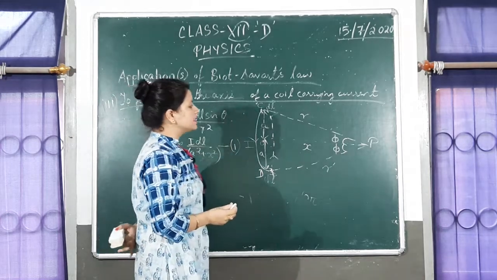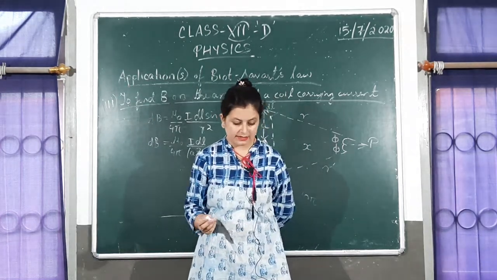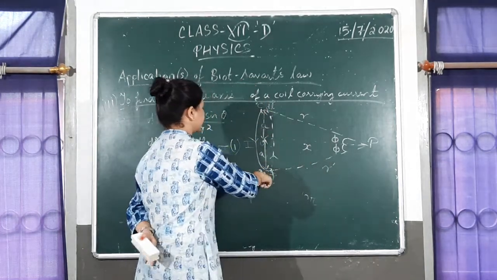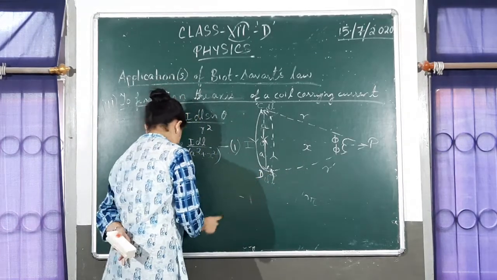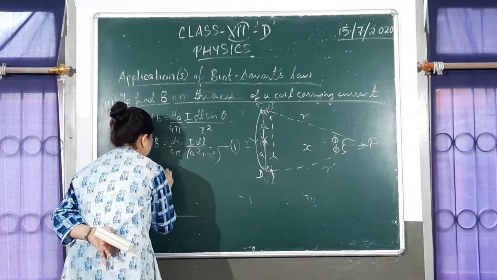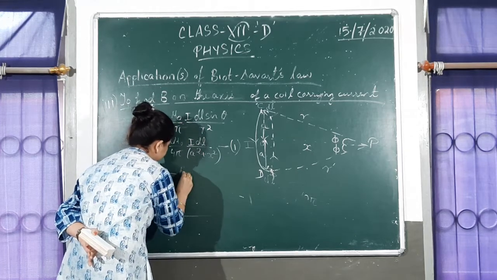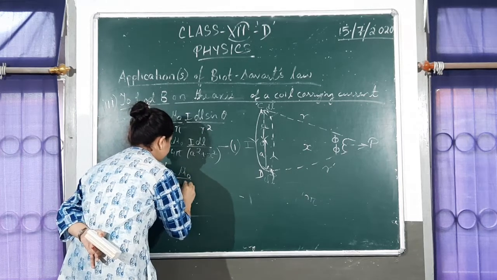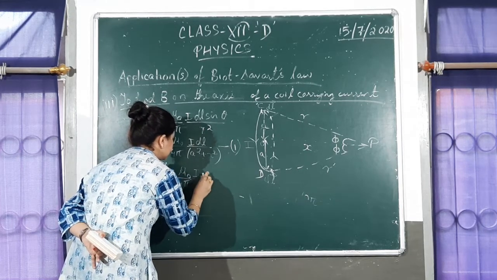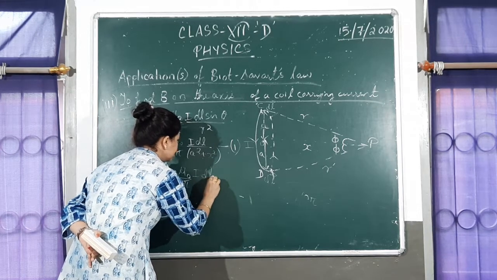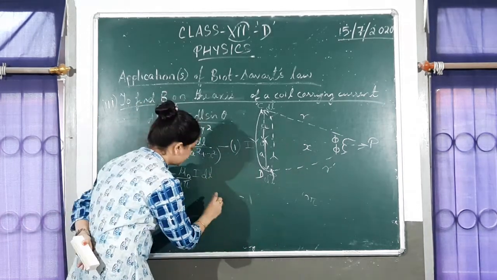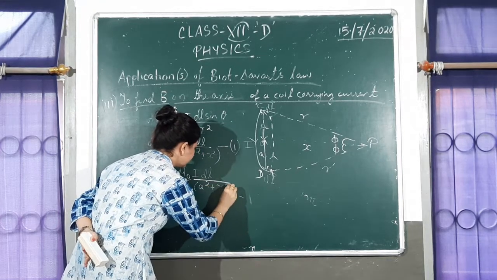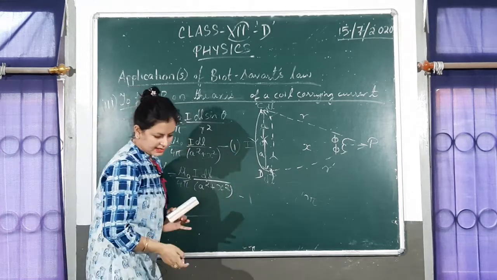Now the magnetic field intensity at P due to the current element at D, which is just opposite to this C, will be given by the same method. Say it is dB dash, mu naught by 4 pi, I dl divided by A square plus X square.